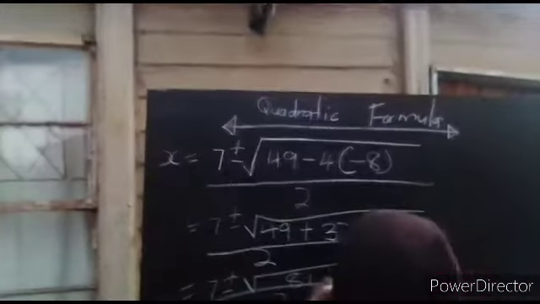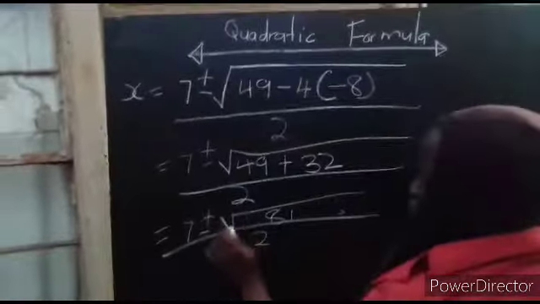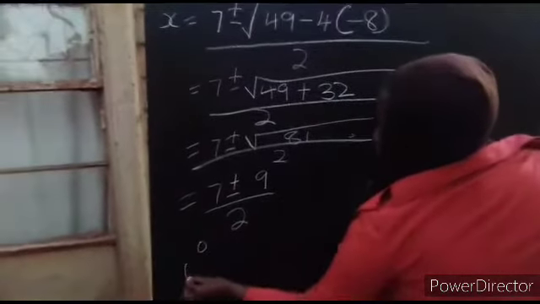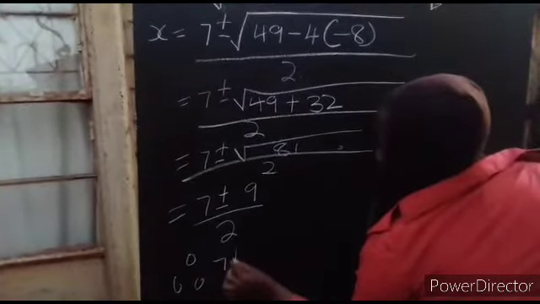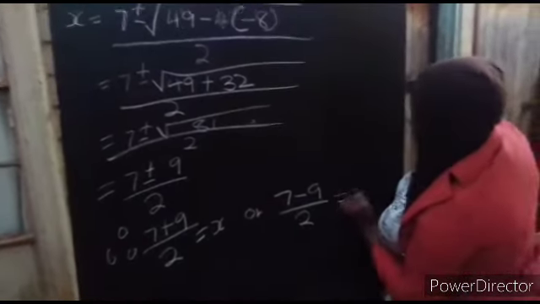So for us to remove this square root sign, we should find the square root of 81. The square root of 81 is equal to 9. So it's either 7 plus or minus 9, all over 2. Therefore 7 plus 9 over 2 is equal to x, or 7 minus 9 over 2 is equal to x, right?